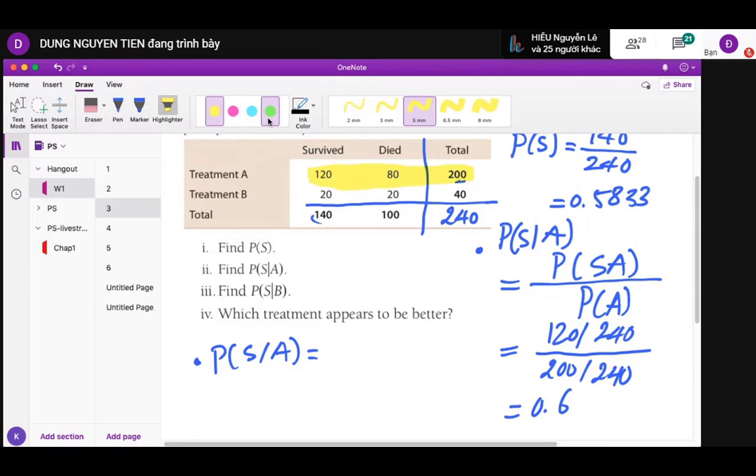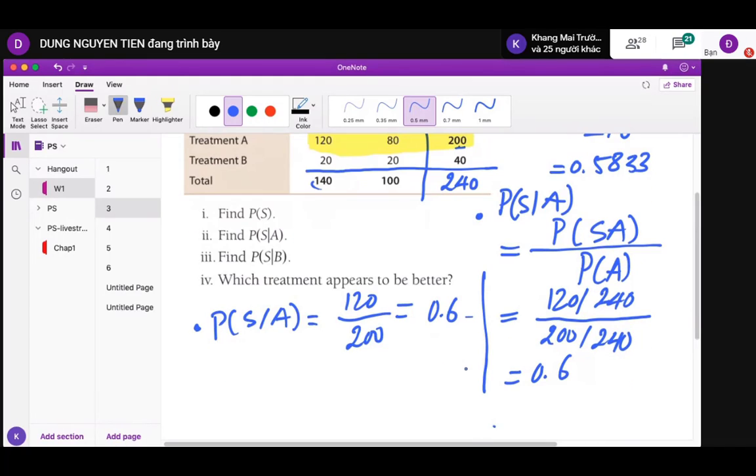And you see that the probability that a patient survives should be 120 divided by 200. And you should get exactly the same value, 0.6. Okay? They are the same.